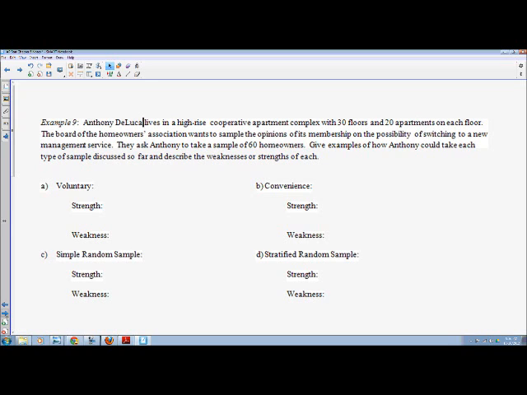Most likely, he could actually go around and talk to people, but the best idea for this would be to probably just leave a survey in the lobby or put a survey in everybody's mailbox. And if they want to participate or return the survey, they choose or voluntarily become part of the survey by filling it out. So I'd say an example of this is to leave the survey in the lobby or in people's mailboxes.